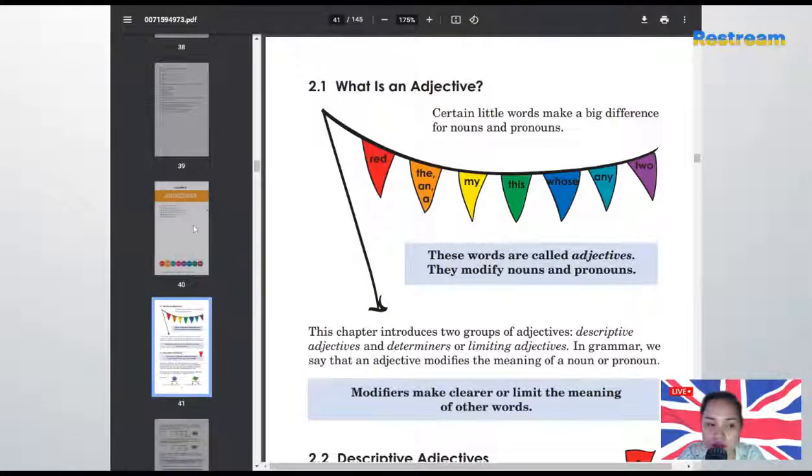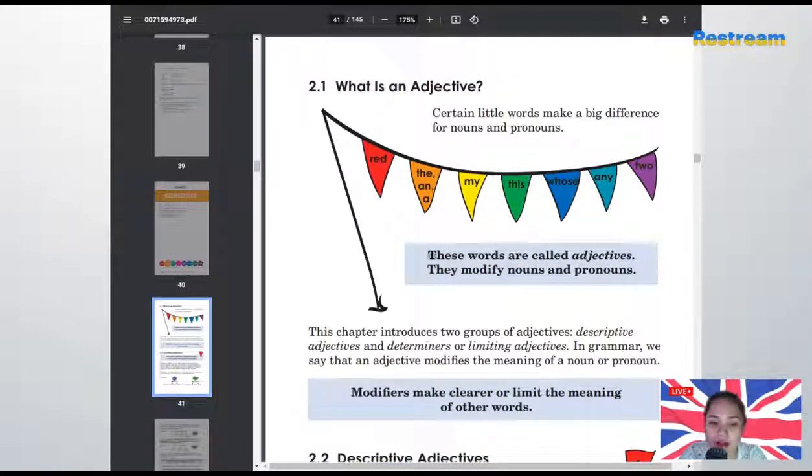Let us start with the first one, called what is an adjective. A certain few little words make a big difference for nouns and pronouns. For example, we have here red, the, an, a, my, this, whose, any, and two. What is an adjective?